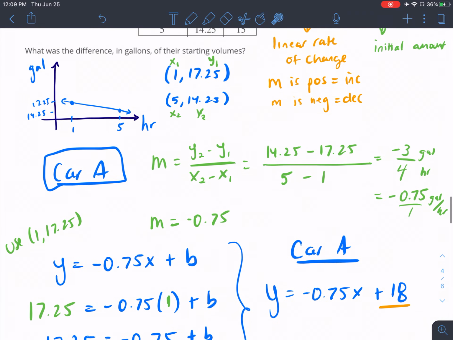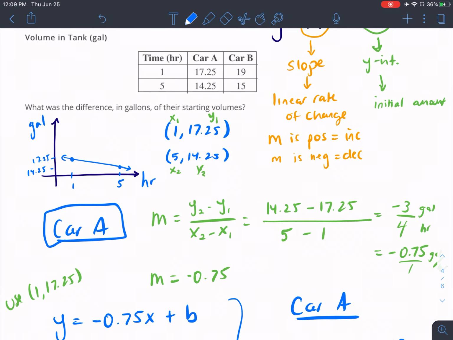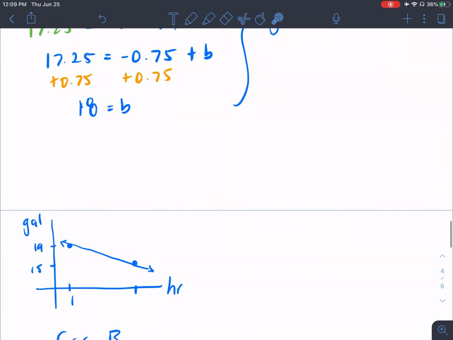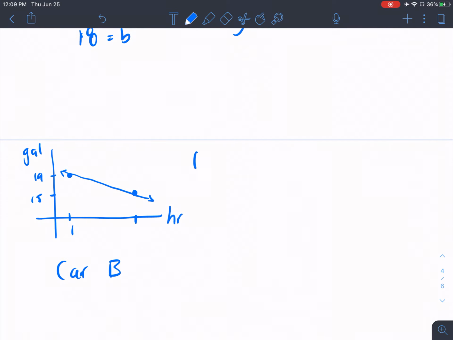To get the points as I did before, we have the points 1, 19 and 5, 15. Let me write those points over here, which are the coordinates for this point and this point.